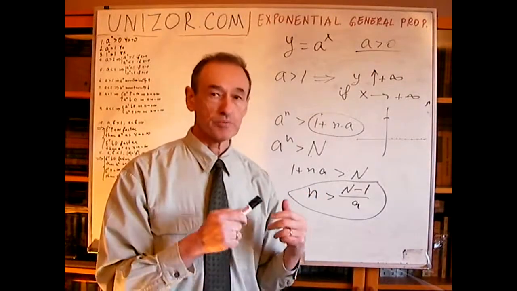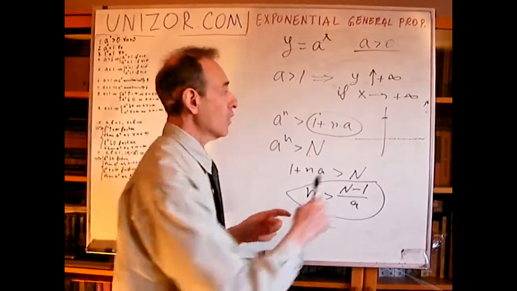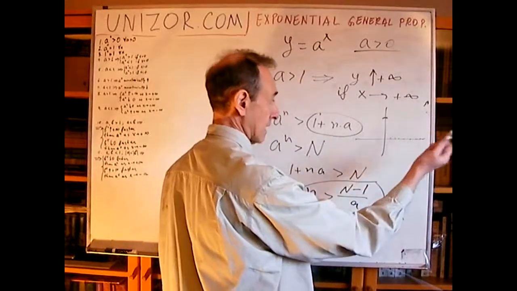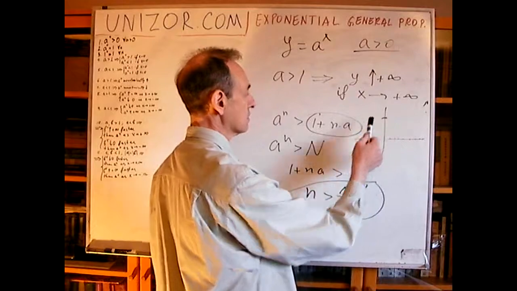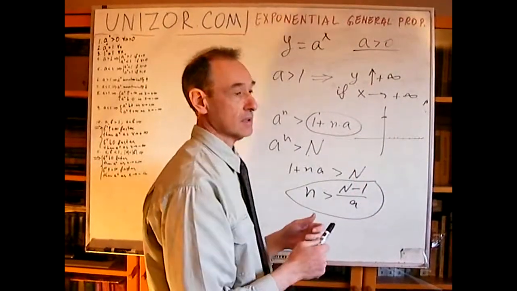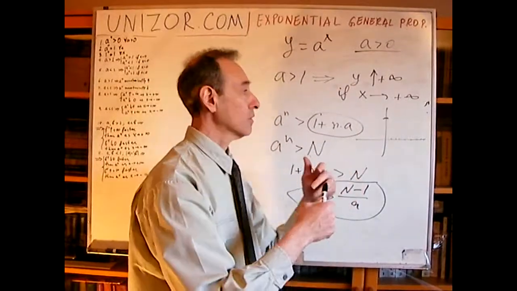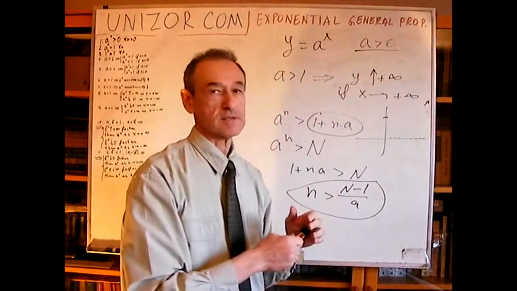Since I have already proved that the function is monotonically increasing, once I found one particular point, let's say it's an integer lowercase n, where we have exceeded this uppercase N, then everything above that would be even higher. So that's what actually is a proof that the function goes to plus infinity.